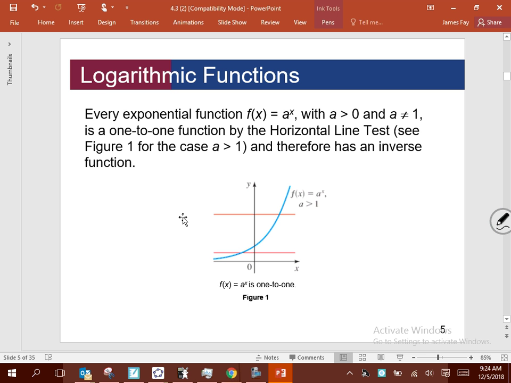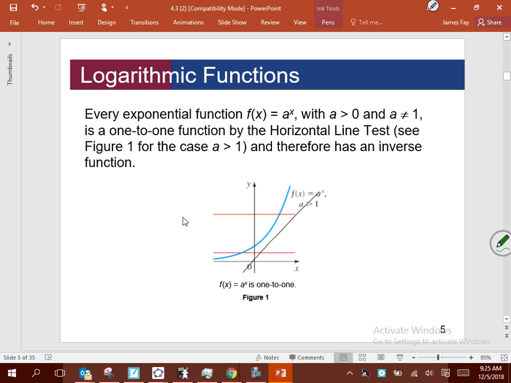This thing here is 1 to 1 because obviously it passed all those horizontal lines. All right, so I draw the line y equals x in here.